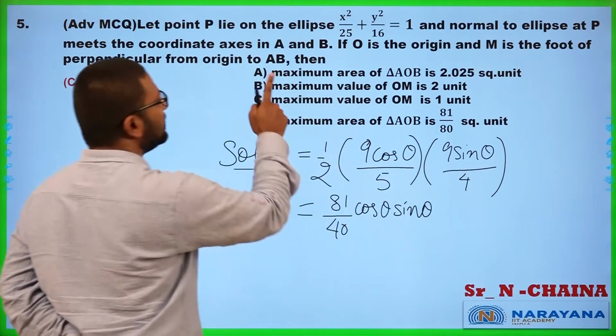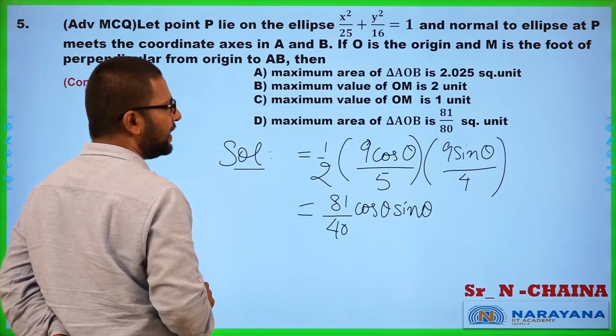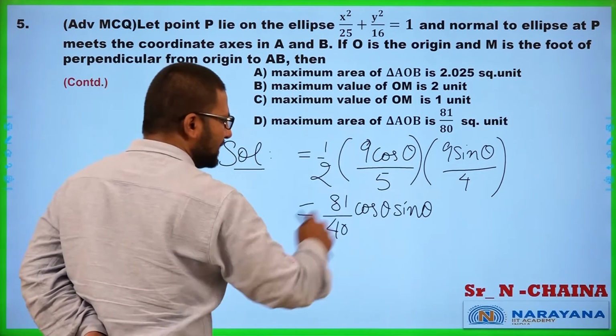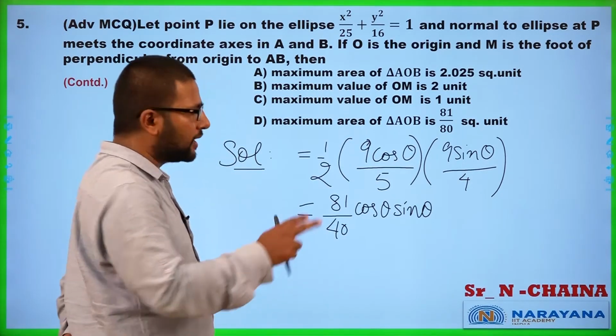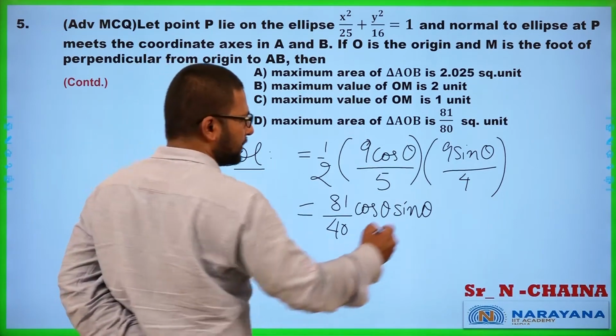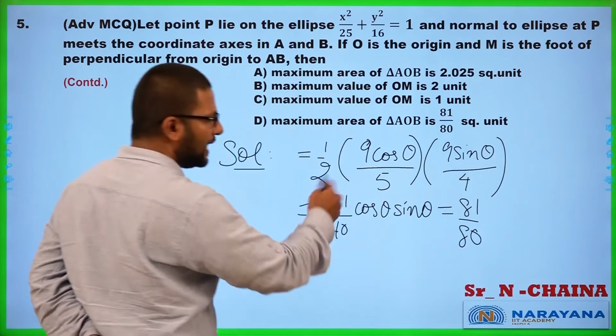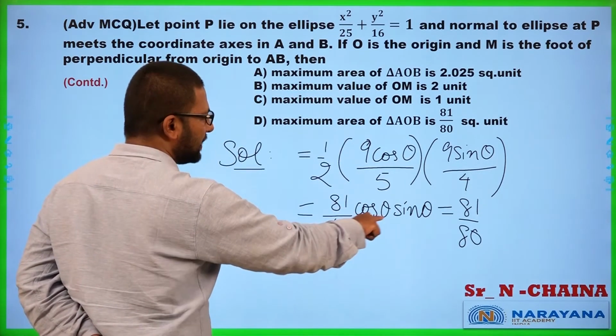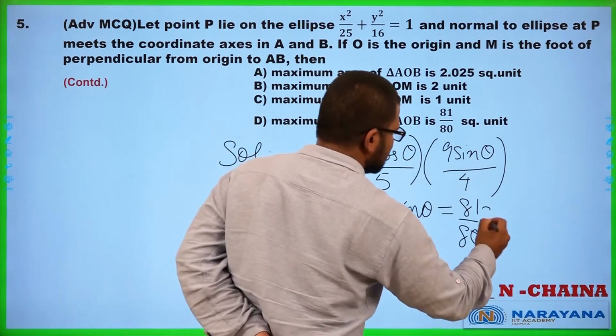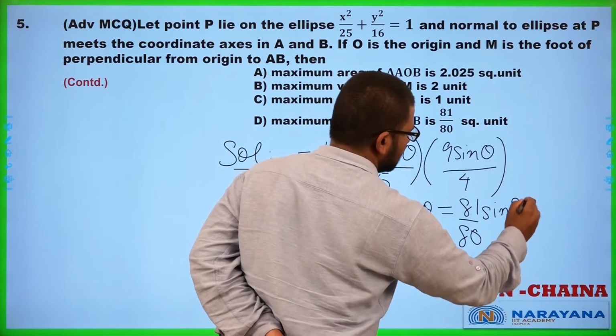But they are asking for the maximum area of triangle AOB. Now I need to maximize this. You already know how to do that. Convert this into sin 2 theta. So I will write this as 81 by 80, multiplying and dividing by 2, and 2 cos theta sin theta is sin 2 theta.